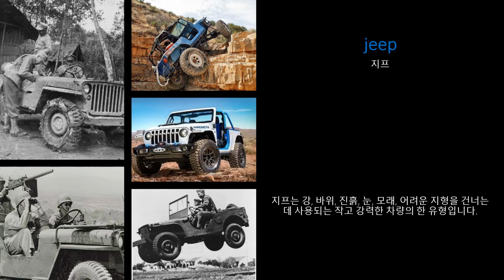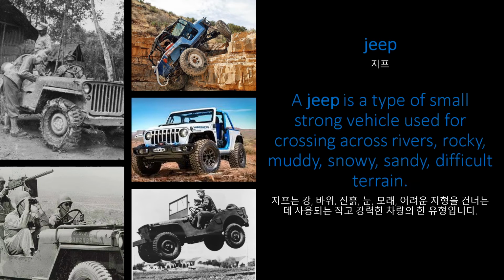Jeep. A Jeep is a type of small, strong vehicle used for crossing rivers, rocky, muddy, snowy, sandy, difficult terrain.